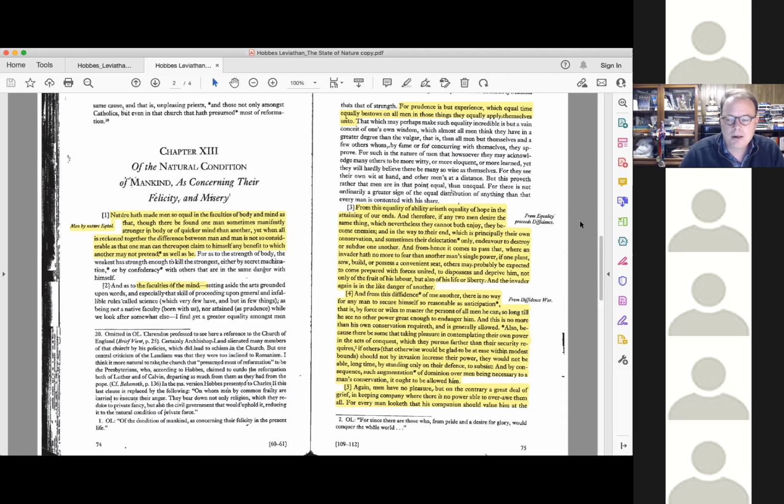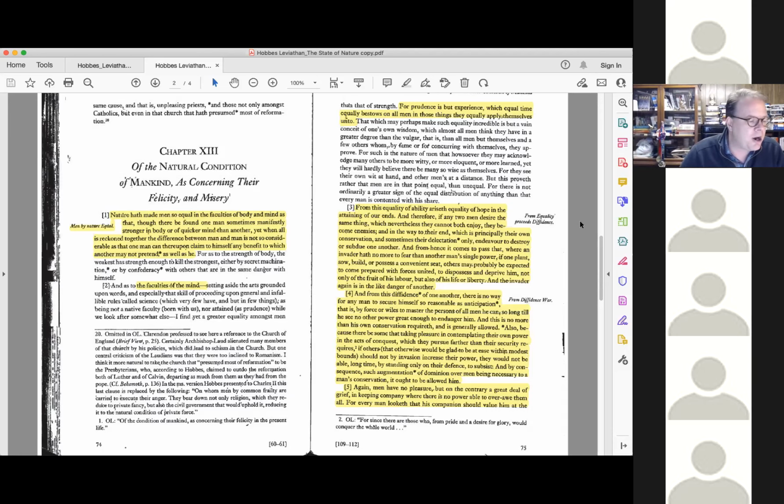It means pleasure. How do we typically define happiness? Happiness, I think every human being defines as some important form of pleasure. So he says, we principally desire our conservation. And why is it sometimes our delectation rather than all the time?